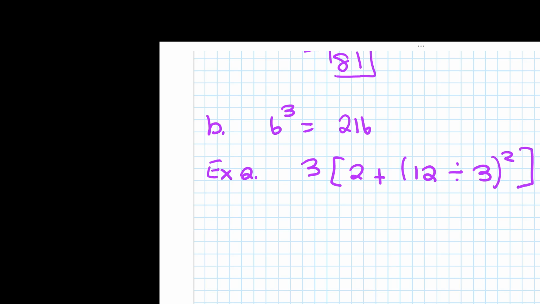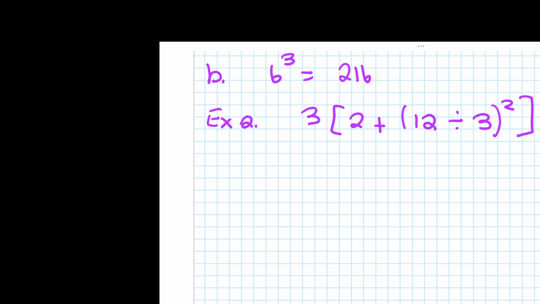Let's remember what PEMDAS says. PEMDAS says parentheses, exponent. Does anyone see parentheses here? Yes. So what would be the first thing I would do? Good job. And we all know that 12 divided by 3 is 4. And then we have an exponent. So the next thing we're going to do, remember PEMDAS.